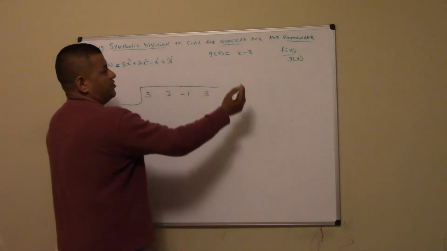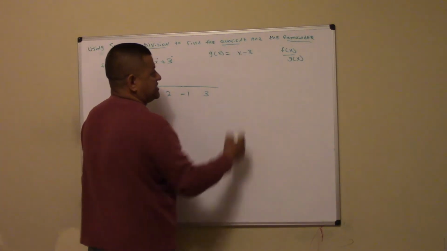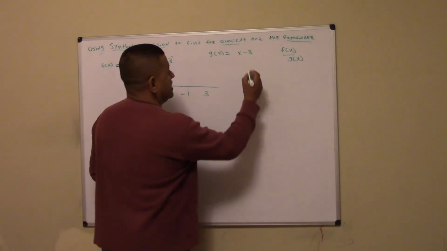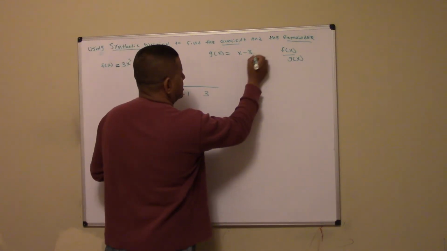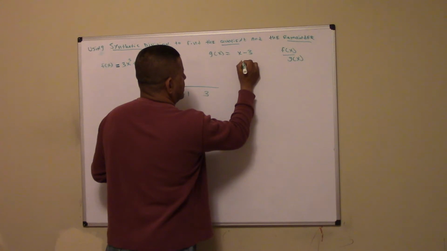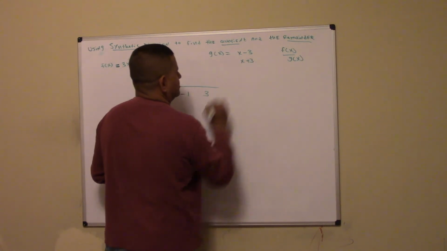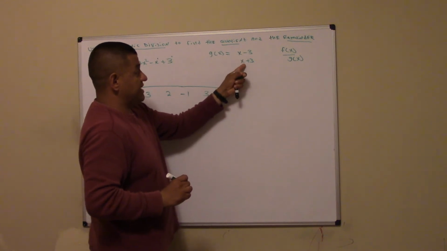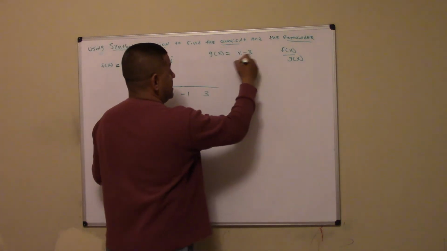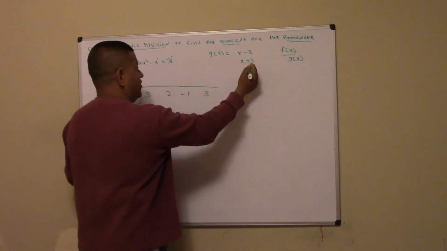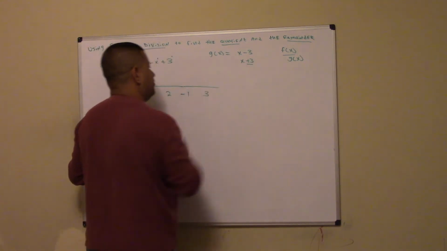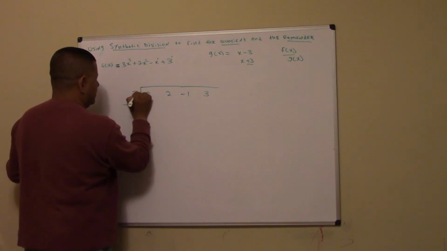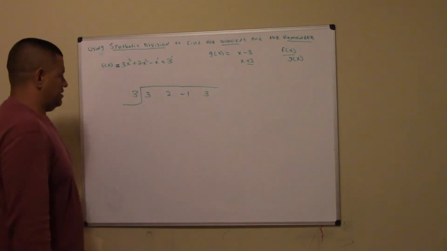What I'm going to do is use the opposite sign of the constant. Technically, this becomes x plus 3, right? But again, I am not using the x, I am just using the positive 3. So I will put positive 3 right there.